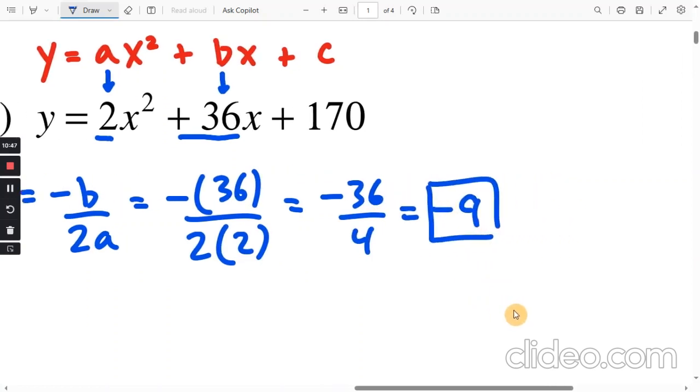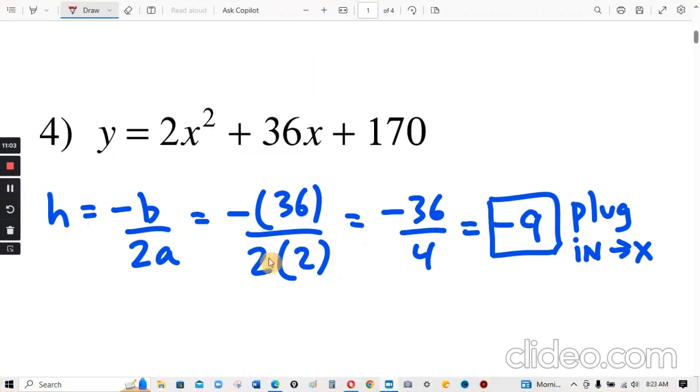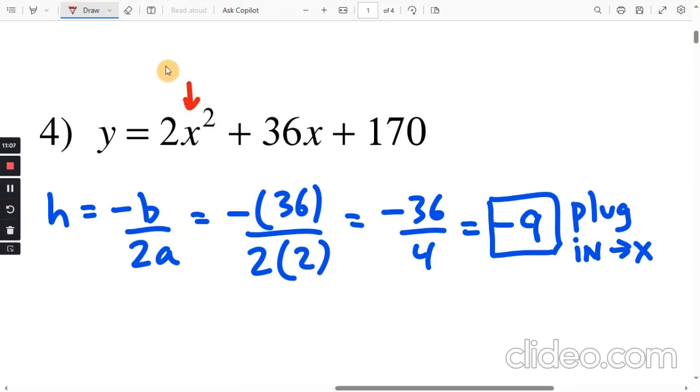You want to take that negative 9 and plug it in place of x. Let me erase this. So the negative 9 goes in place of x, wherever we see the x.